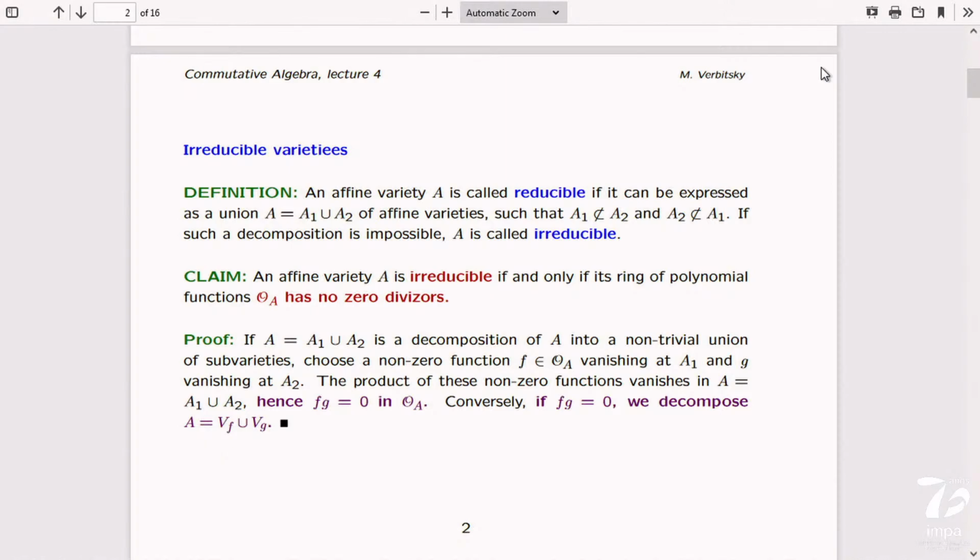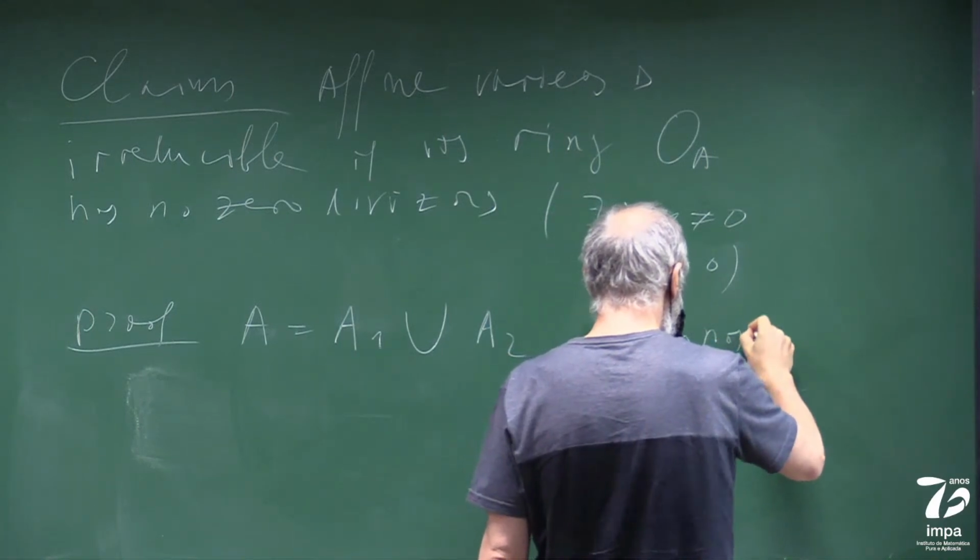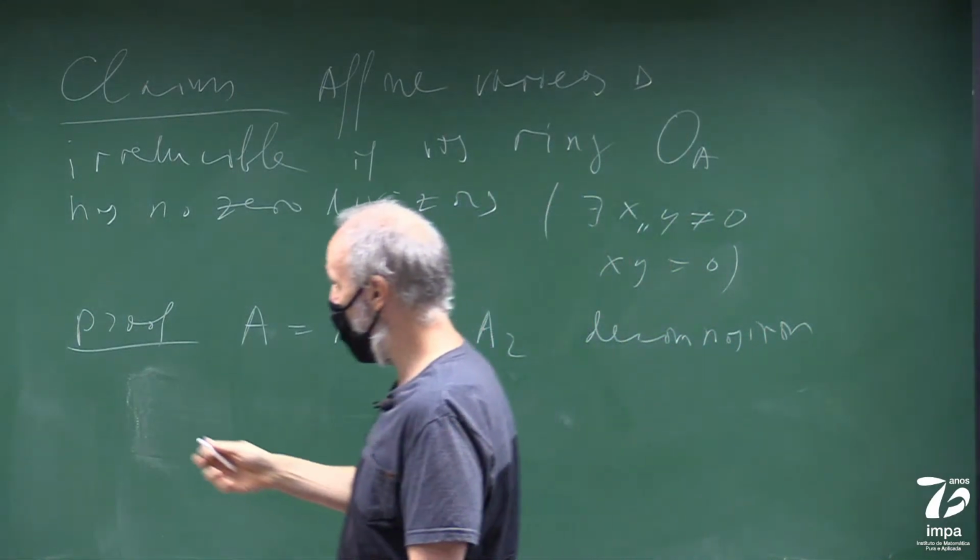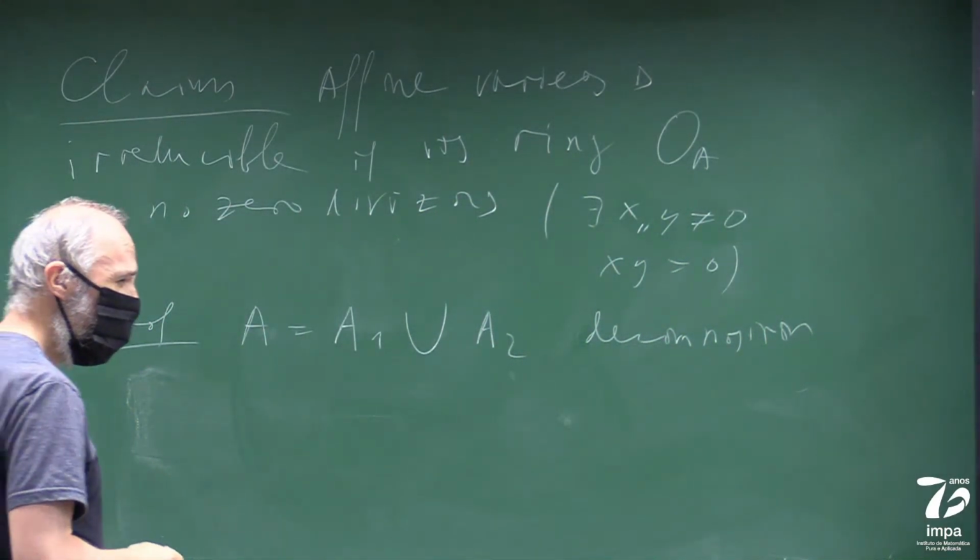So I start with a decomposition. A is A1 union with A2, a decomposition as in this definition of reducibility.